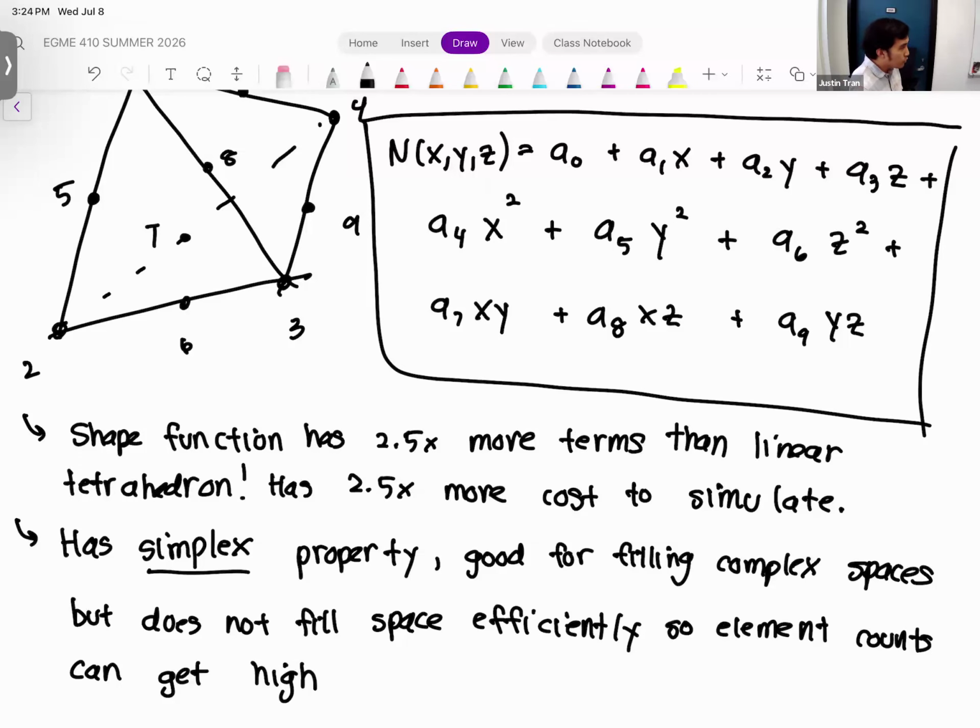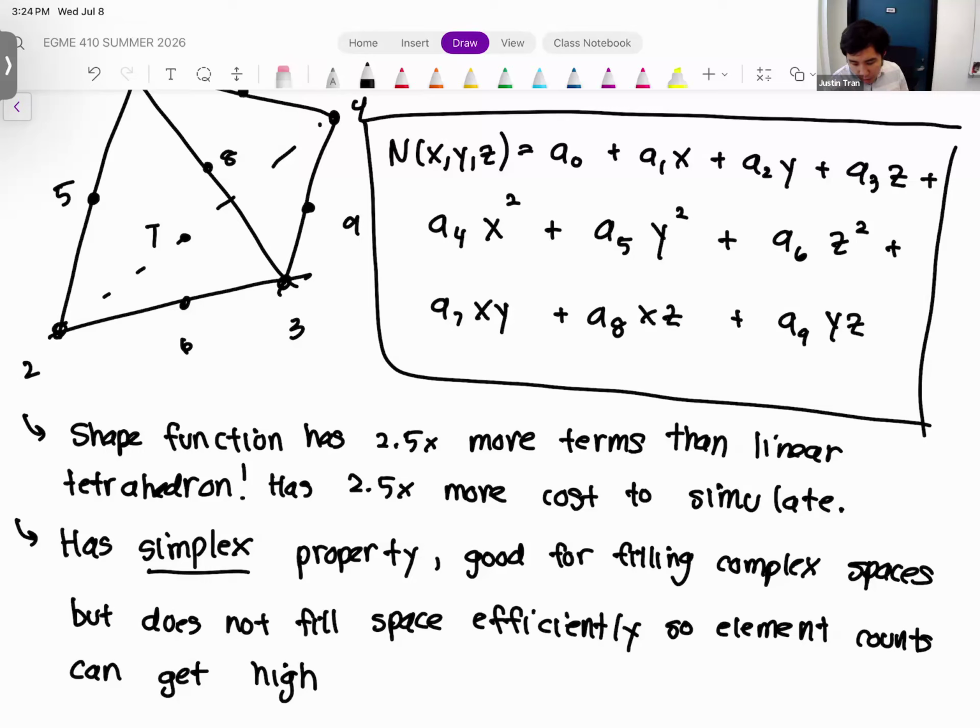If you think about it, each quadratic tetrahedron is 2.5 times more expensive, and it takes a lot of tetrahedrons just to fill a space, so the cost can get away from you pretty quickly. Just something to be aware of.